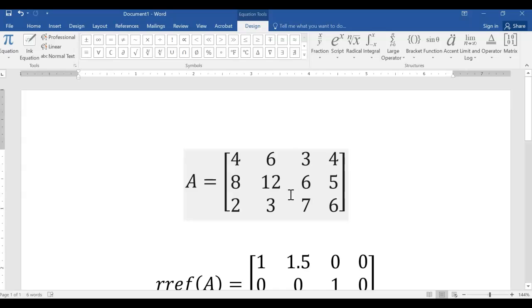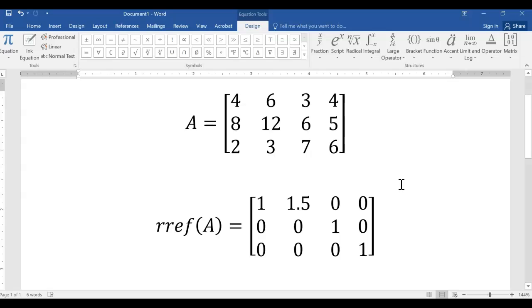Again, if you're looking for the column space, we're looking at AX equals B. For the basis for the column space, in this case, we row reduce A and find 3 pivot columns. That means that if you were going to create a basis for the column space of A, you would include the vector 4, 8, 2, the vector 3, 6, 7, and the vector 4, 5, 6.